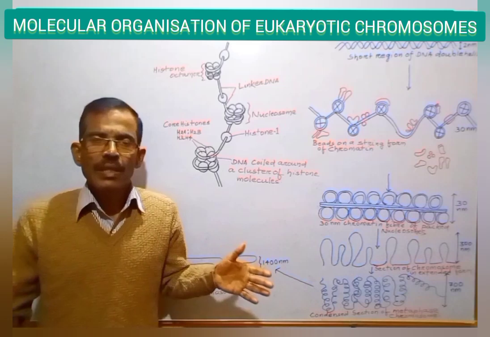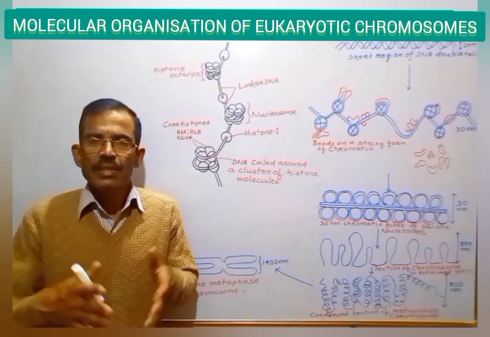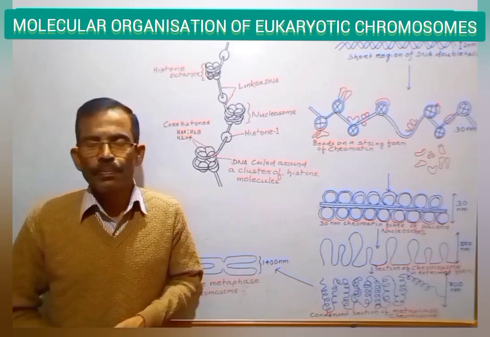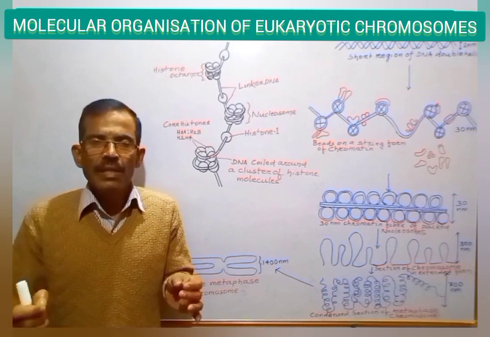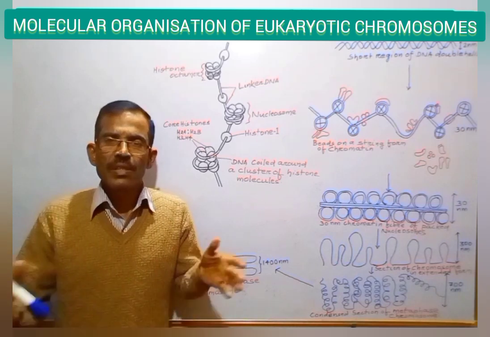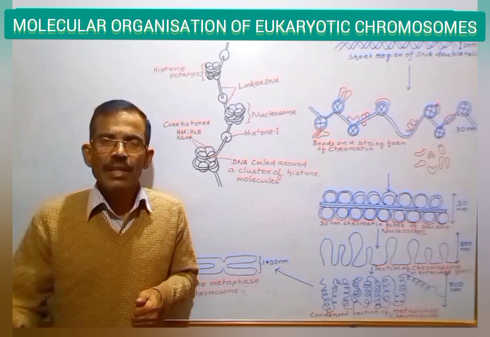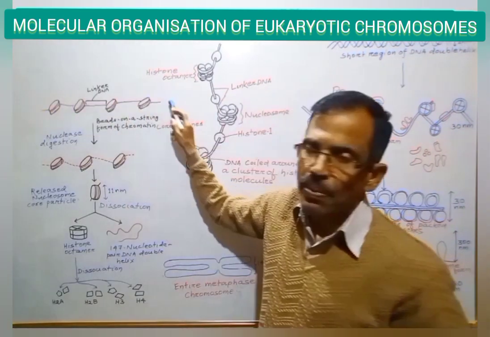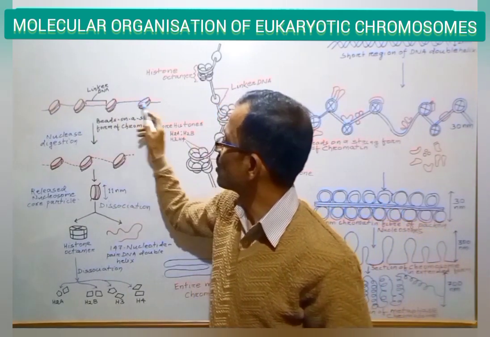When subjected to partial unfolding, it can be seen as a series of beads on a string under the electron microscope. The string is the DNA and the beads are nucleosome core particles, which consist of a histone octamer around which the DNA is coiled. This is the form of chromatin which looks like a series of beads on a string.